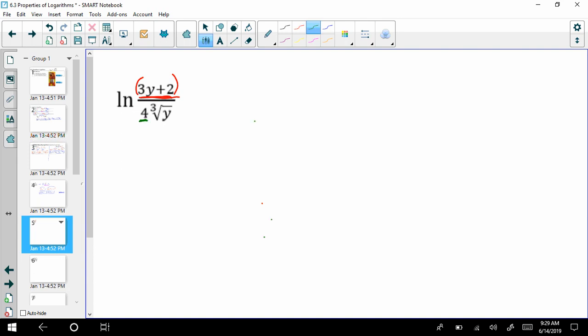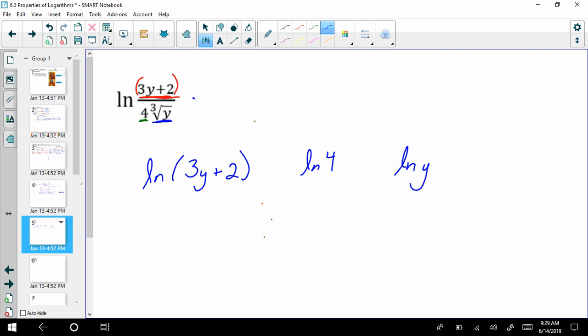Then there's a 4. And then there's the cubed root of y. So this one's going to have 3 logs. So I'll have natural log of the 3y plus 2. That's one quantity. I'll have natural log 4. And then I'm going to have natural log of y.